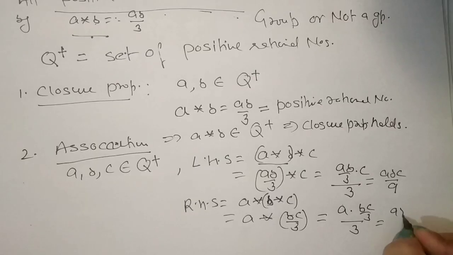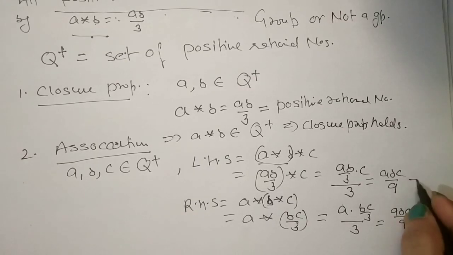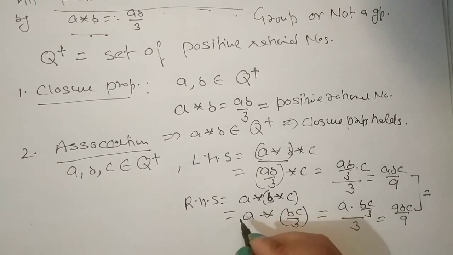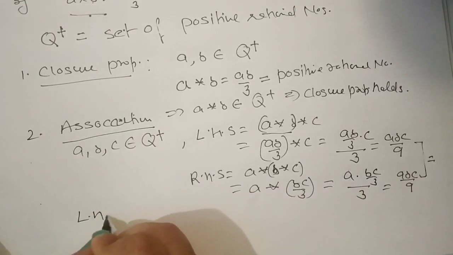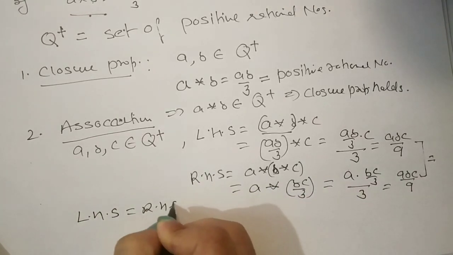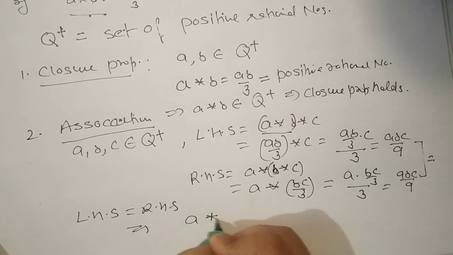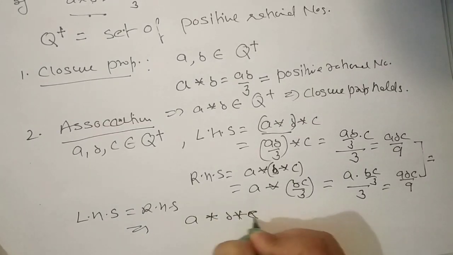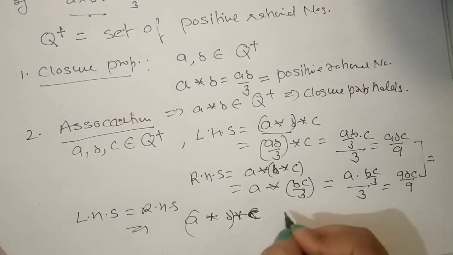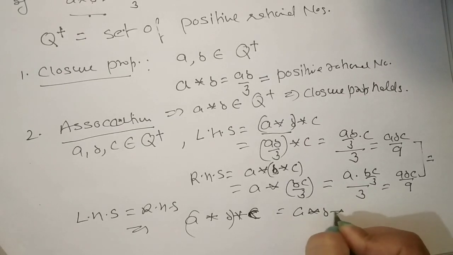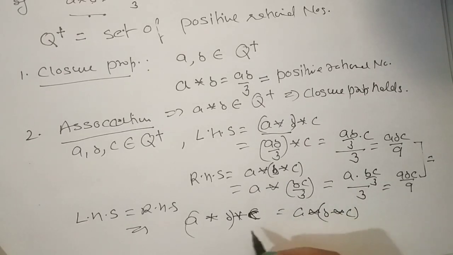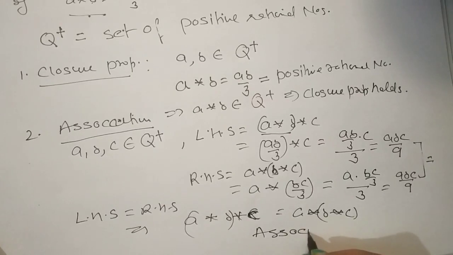So this again will be ABC upon 9. So you can see both these are equal. That means the left hand side and right hand side are equal, meaning (A star B) star C is equal to A star (B star C), changing the bracket. So the associative property holds.